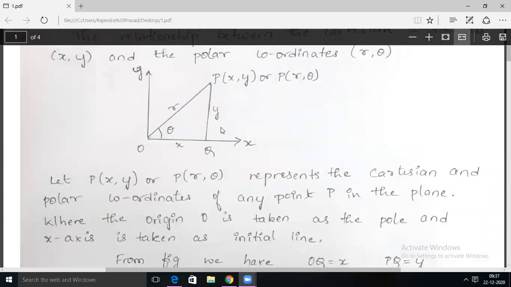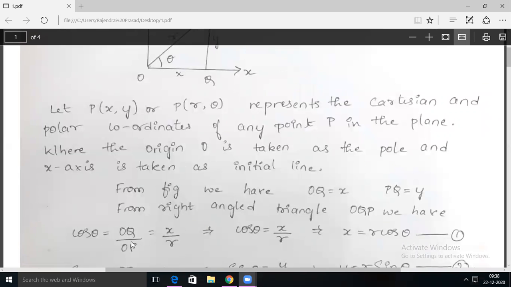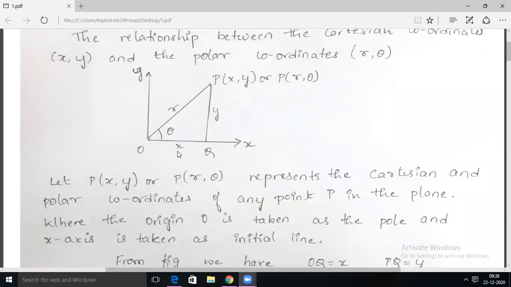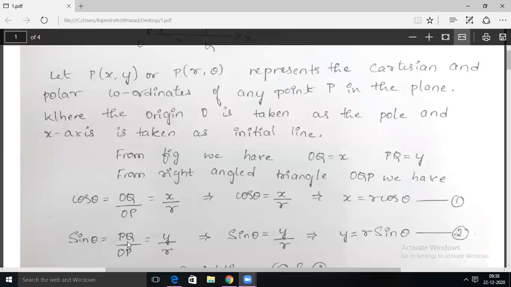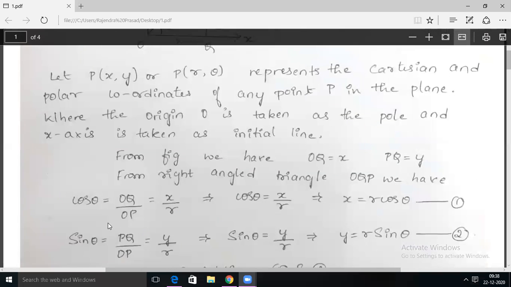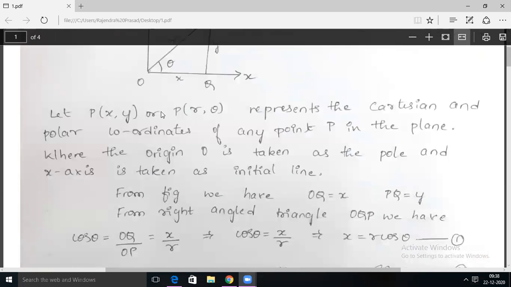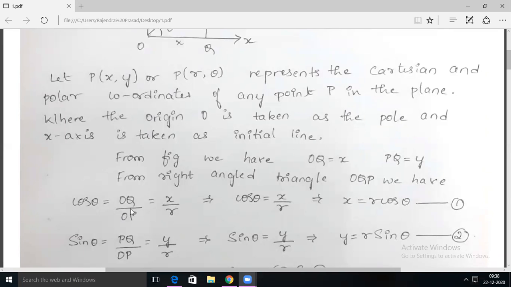OP is the hypotenuse and OQ is the adjacent. So cos theta is equal to adjacent upon hypotenuse, that is OQ upon OP.